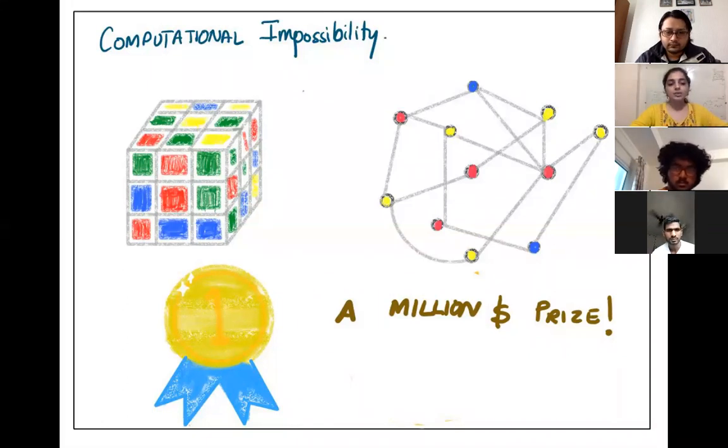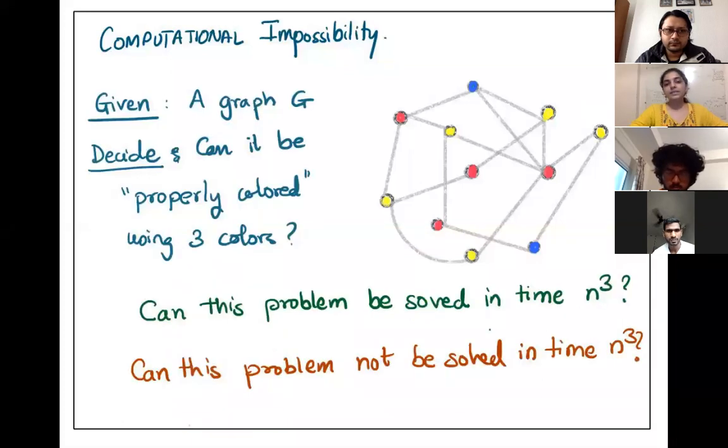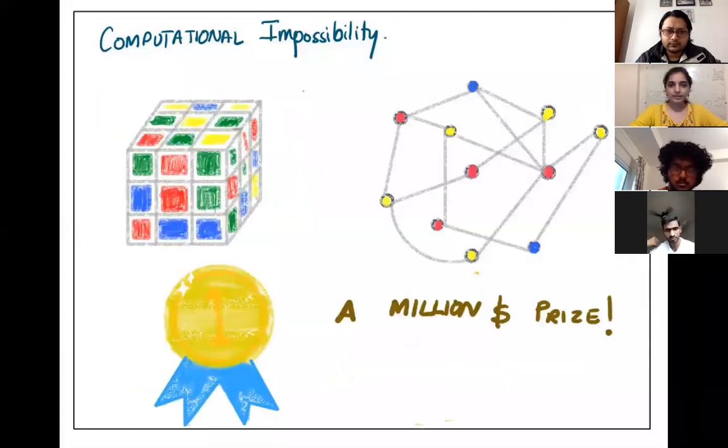So here, written in red, is a typical impossibility question that comes up in computation. You're given a problem and you're asking whether the problem can be solved in the given amount of resources. In this case, the resource is n cube time. I hope this part is sort of clear, the kind of questions we will look at.